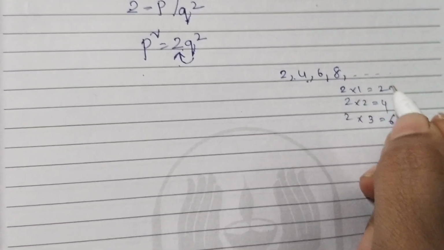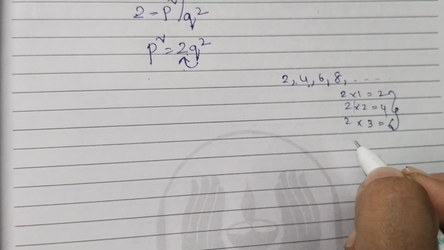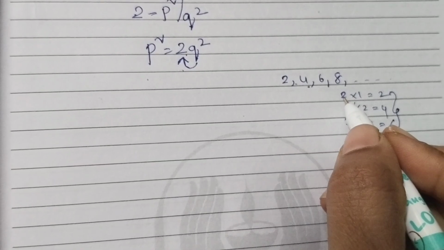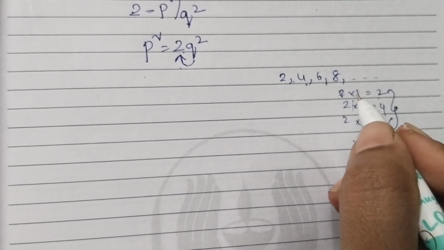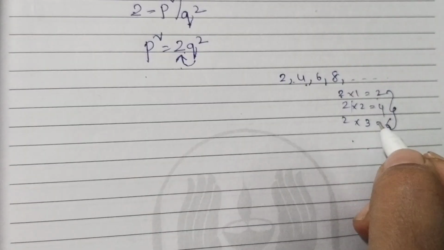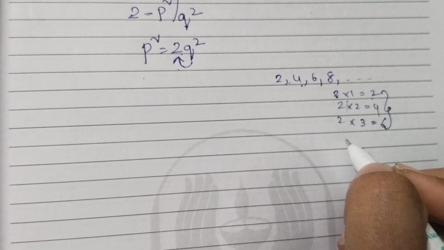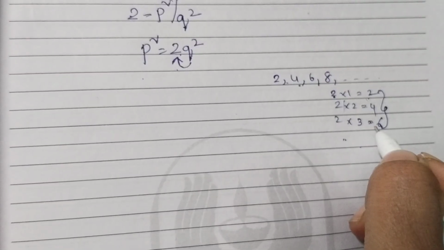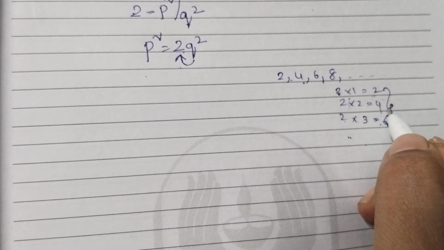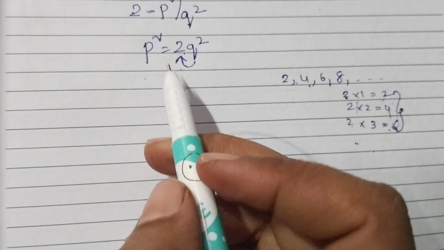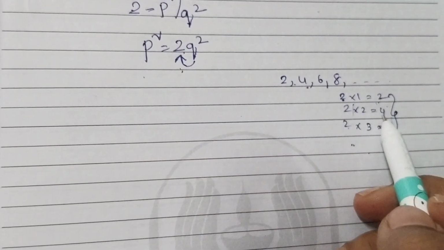Multiples are nothing but the answers we get after writing the 2 table. Multiplying the same number with all the other numbers, the result we get is called a multiple of that number. If you want multiples of 3, write the 3 table. If you want multiples of 2, write the 2 table. And coming to the topic, an even number is nothing but a multiple of 2.